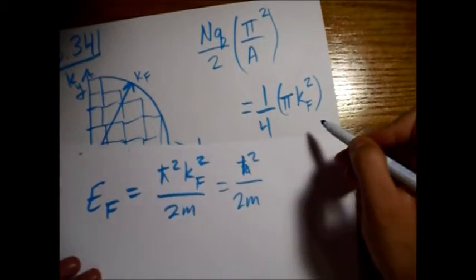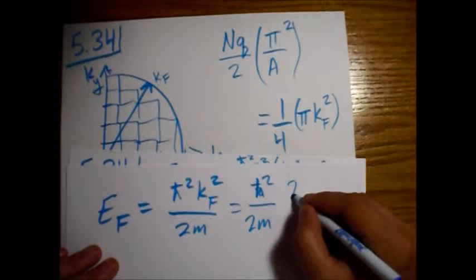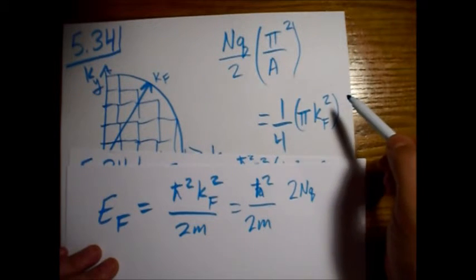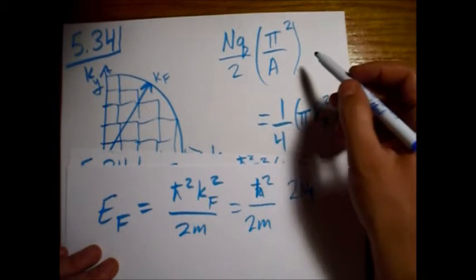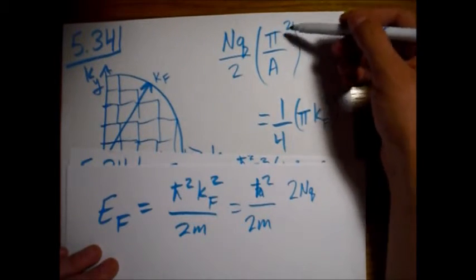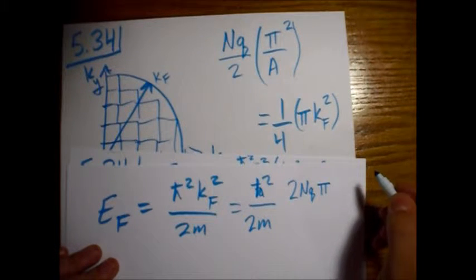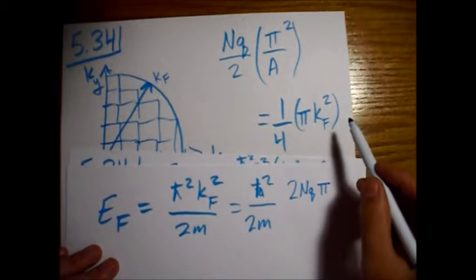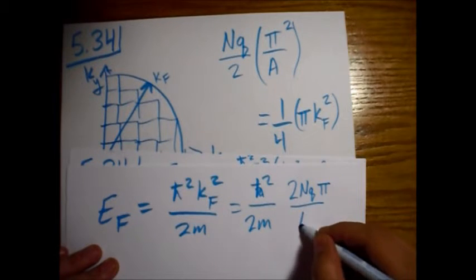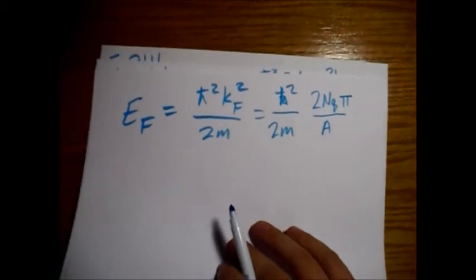Now just multiply both sides by 4, so we get a 2N cubed, and one of these pi's goes away, so we just have 1 pi, over A. I don't think I left anything out.